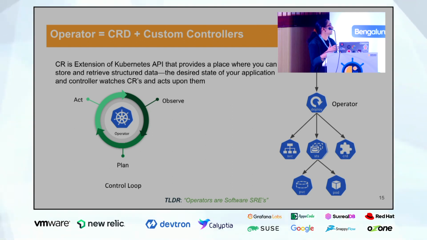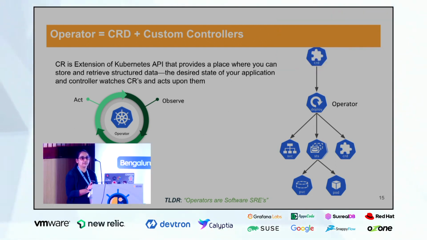So basically you can say an operator is CRD plus custom controllers. A custom resource is an extension of the Kubernetes API where you can store and retrieve structured data. Basically you are telling it what the desired state of your application is, and the custom controllers will be watching these custom resources and can act upon them.